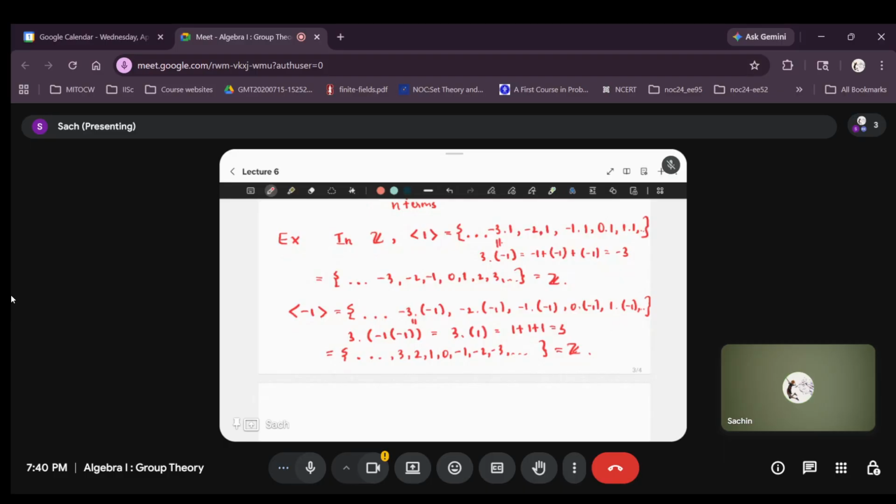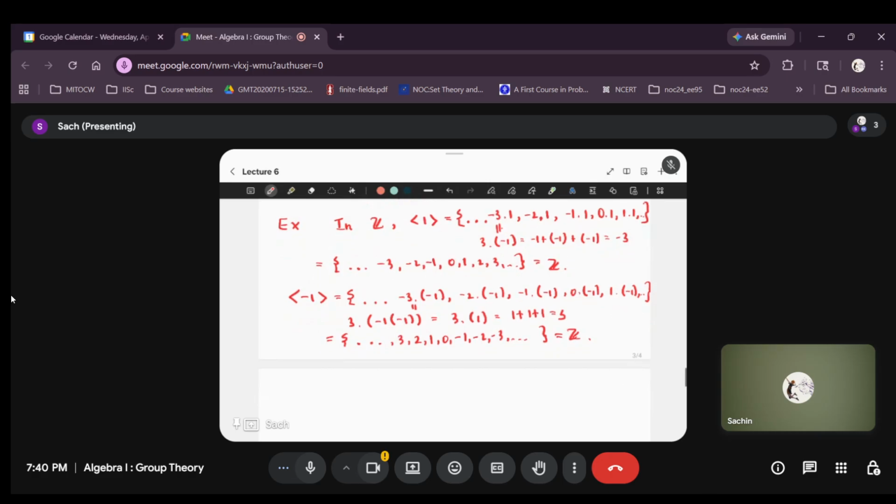Yes. We can't get those. If you take an integer a, you can't generate any integer less than that, and any positive integer less than that.